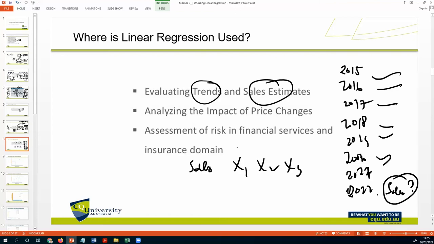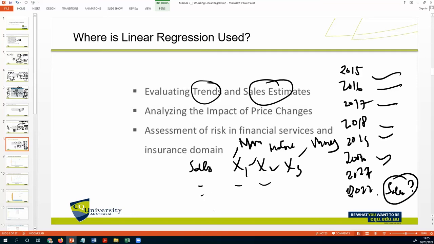Maybe this one is the man, and then machine, money, meaning, whatever. And then you compute the regression model.